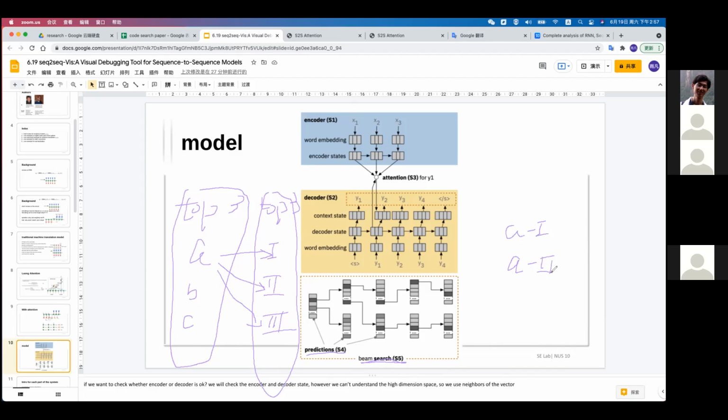For example, maybe this probability is 0.8, and this one is 0.1, and this pair has 0.1. If you use the beam search, you will choose the top 1, so you choose the first pair to become the final prediction. So this is the beam search.